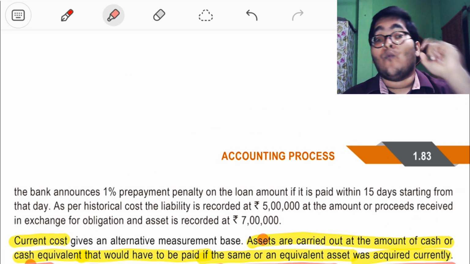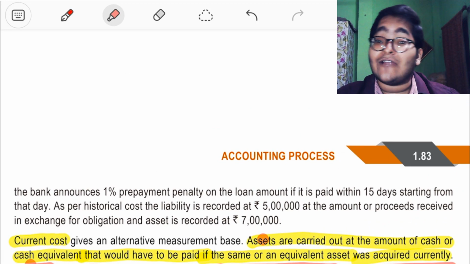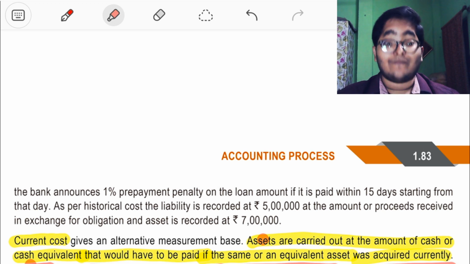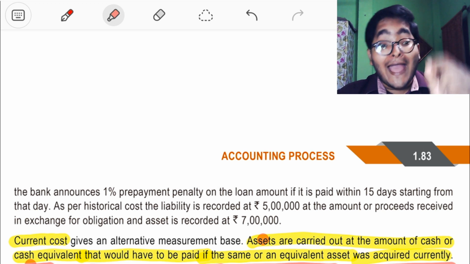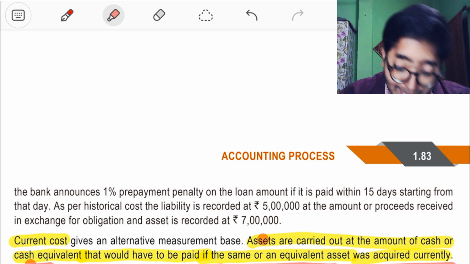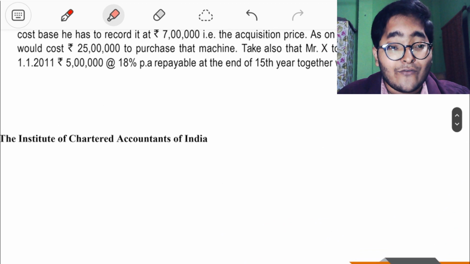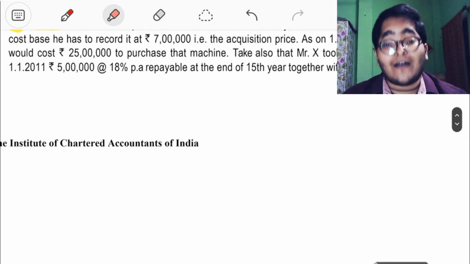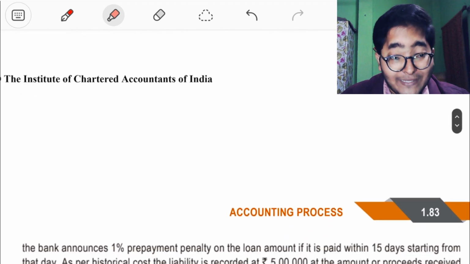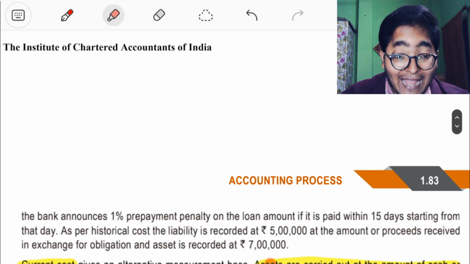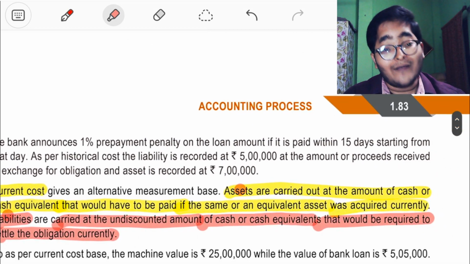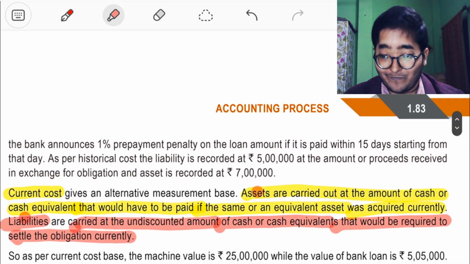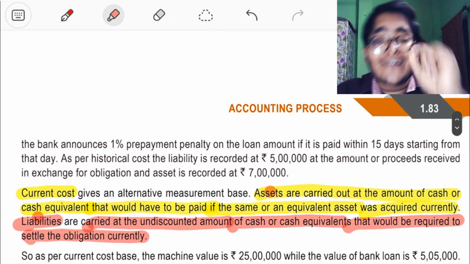Wrong. Why is the bank loan valued at rupees 5 lakh 5,000? Because the bank today, in this period of 1st January 2020, has announced that the rupees 5 lakh loan can be set off with a 1% prepayment penalty. So, what is the current cost?